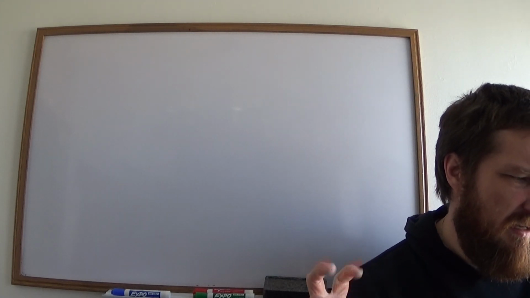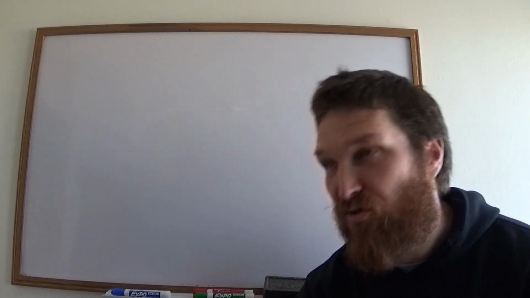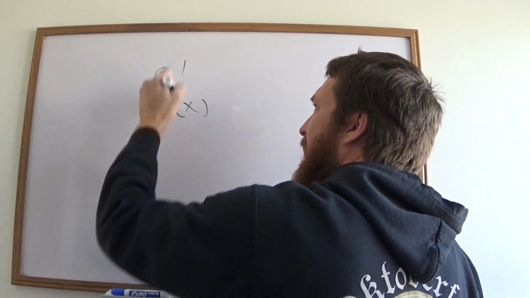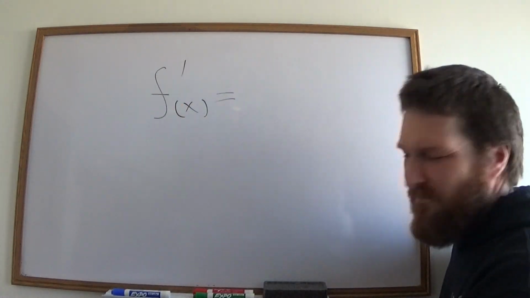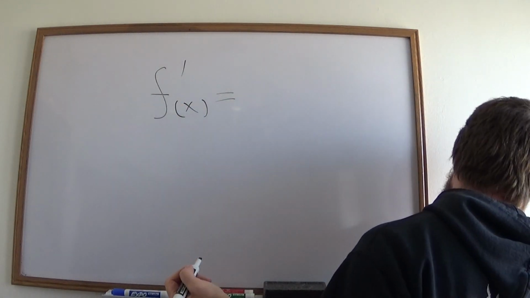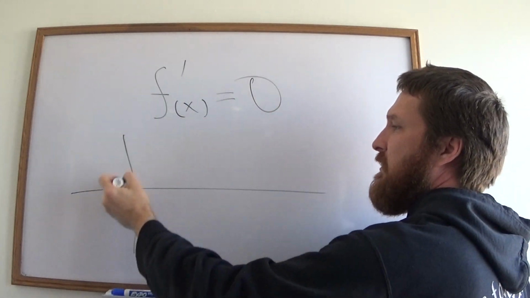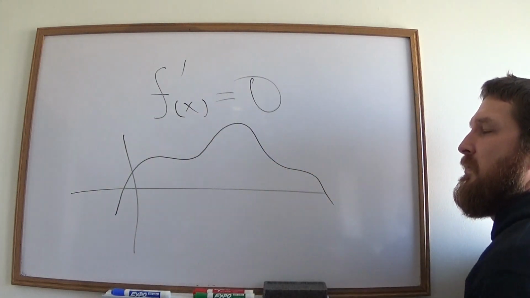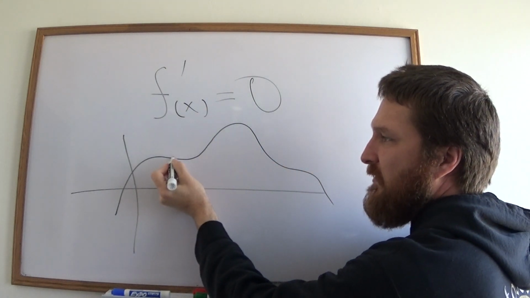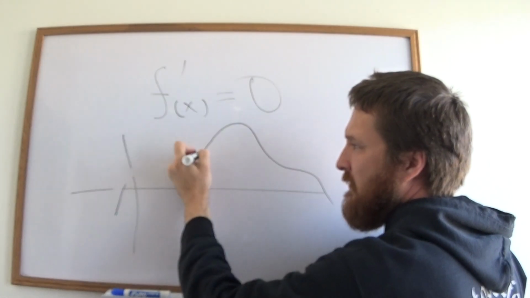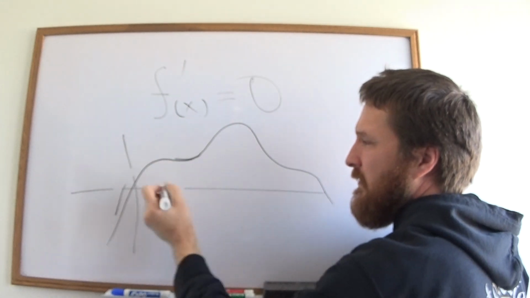Okay, find and classify all extrema. Recall that extrema are the extreme values. The extrema of a function occur when f prime of x is equal to 0. That's what extrema are, right?